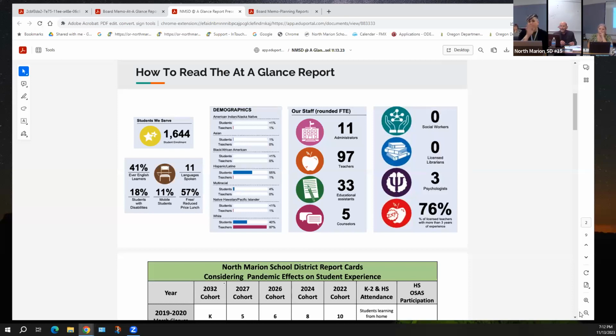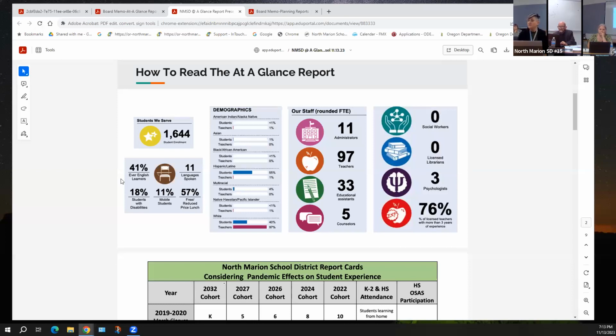So we wanted to give you, first off, a quick tutorial on how to read the state report cards, especially because we have some folks that are new to us on the board and maybe haven't dug into the state report cards. On the cover sheets, you see a few different things. One is that overall view of how many students we have, as well as information on the different demographic groups we serve or special populations like Everett ELs.